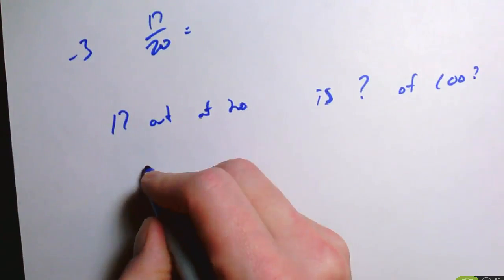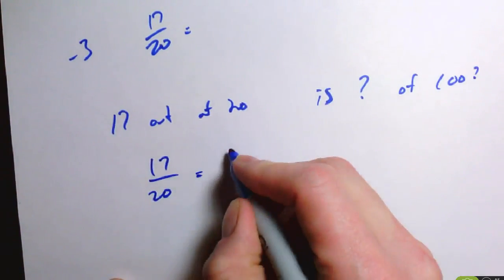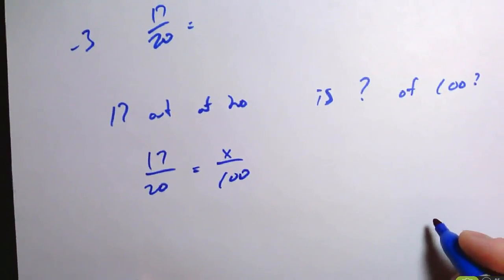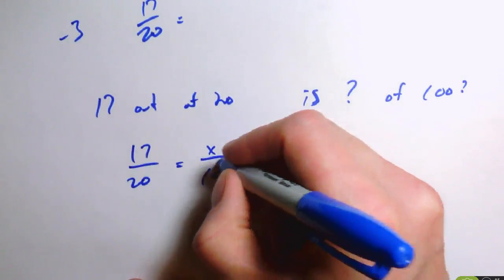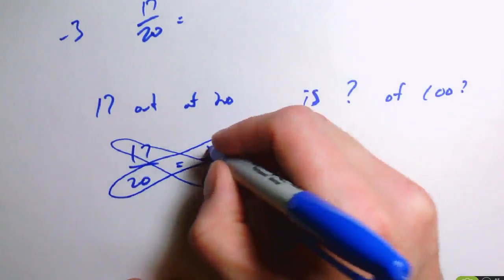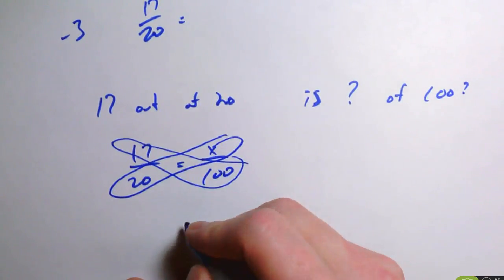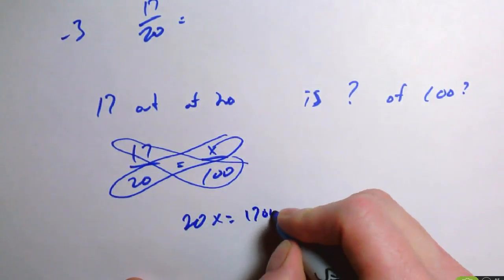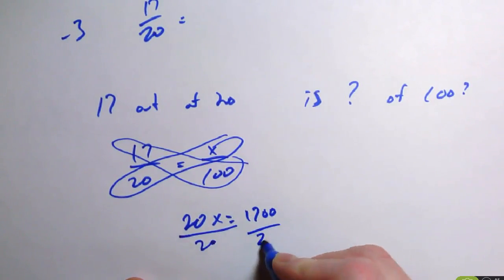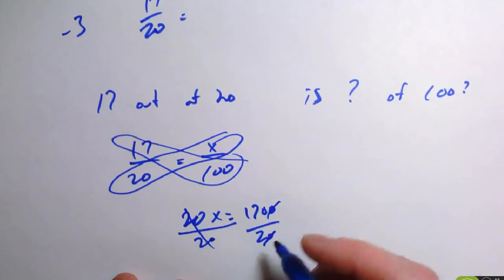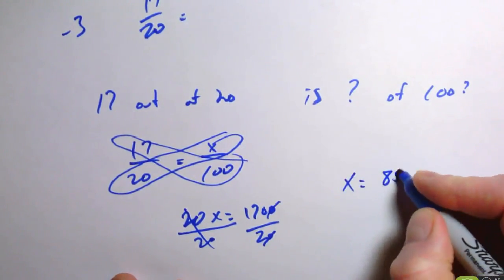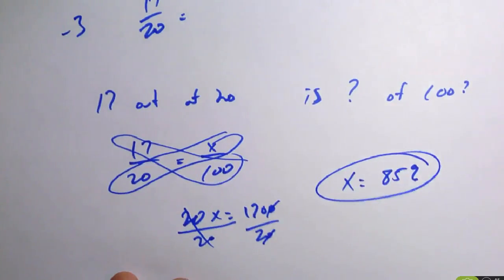So 17 over 20 equals x over 100. I would just do it in my head, but I got 20x equals 1700, divide by 20. Again, I can cancel out a 0, and then 170 divided by 2 is 85%.